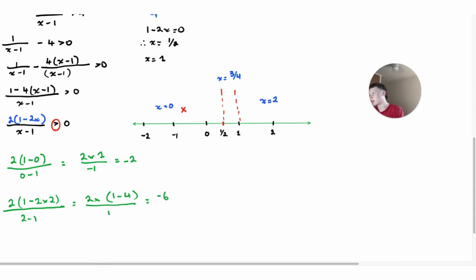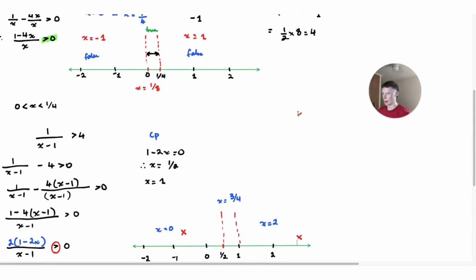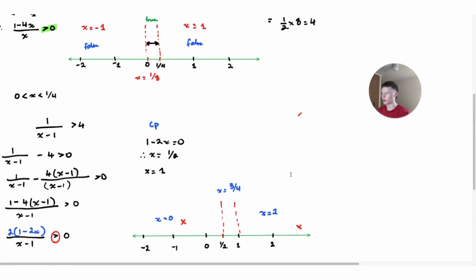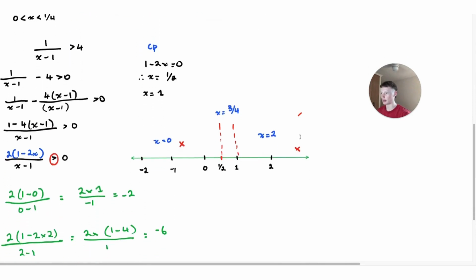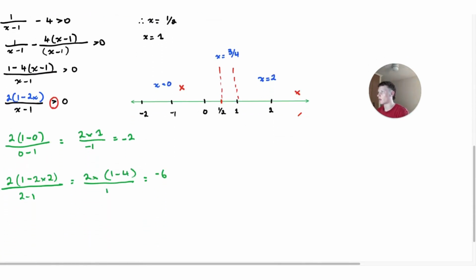Again, it's a negative, not part of the solution set. So like we saw in the previous question, the true answer will sit inside our quadrant in the middle here. And so we can write our answer as x has to be greater than a half, again, not equal to, and less than 1.